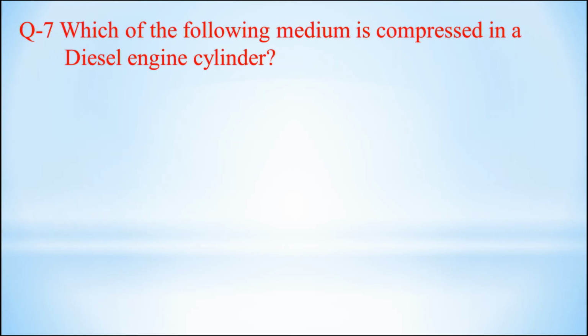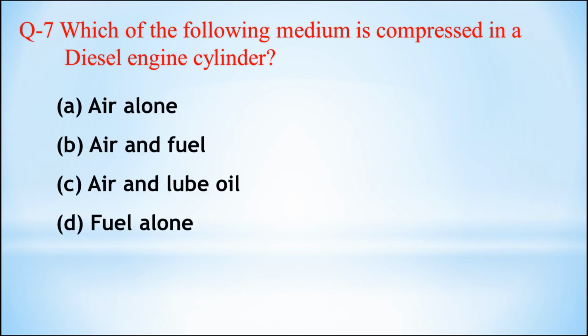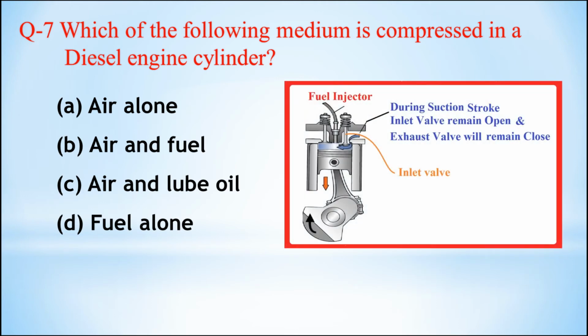Question number 7. Which of the following medium is compressed in a diesel engine cylinder? Option A, air alone; option B, air and fuel; option C, air and lube oil; option D, fuel alone. In a diesel engine, during the suction stroke only air will enter, and during the compression stroke this air will be compressed.